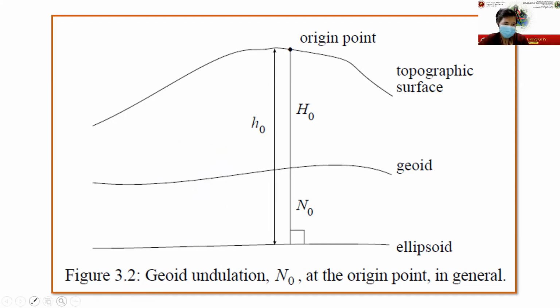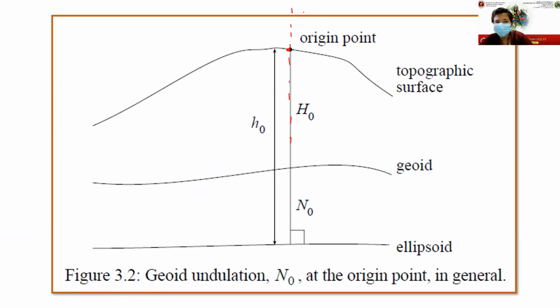So how can we determine the deflection of the vertical? So the deflection of the vertical comes here. If this is the point, then it goes down. So if the gravity, there is a certain, this is the plumb line. So this is now your zenith.